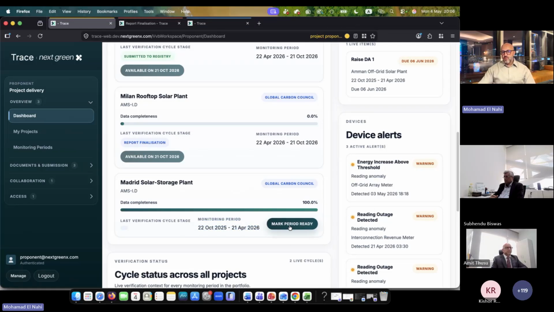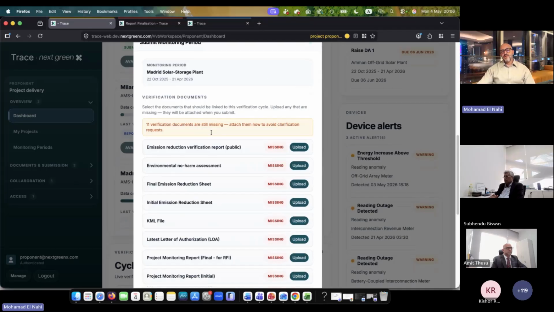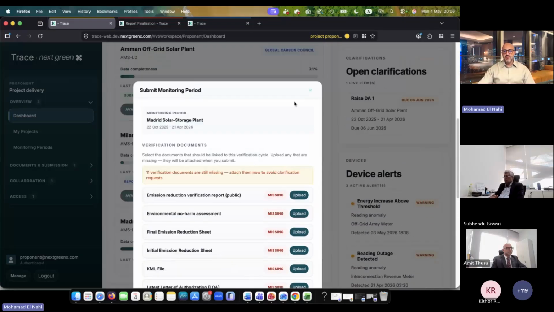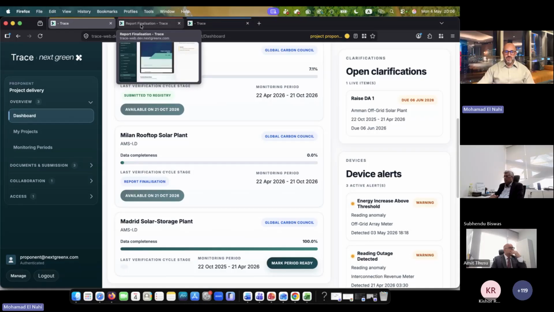The project proponent, when ready to proceed into a phase of issuance, can simply mark this period ready for verification. Any missing documents would be uploaded, and all this information related to a specific project that needs to go into a subsequent phase goes to a verification body.